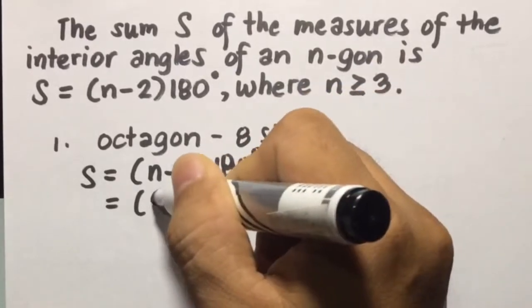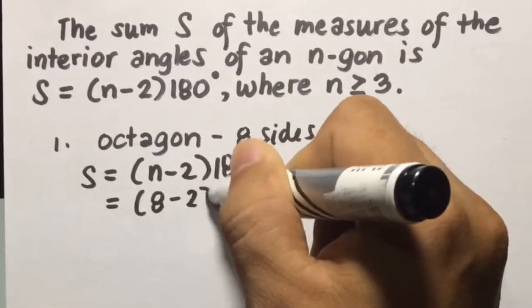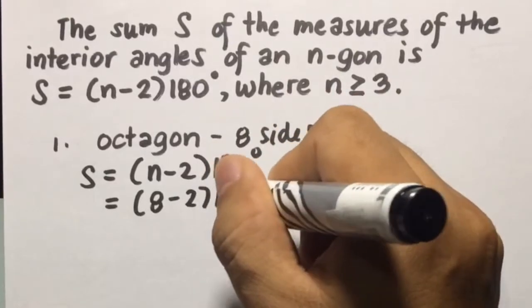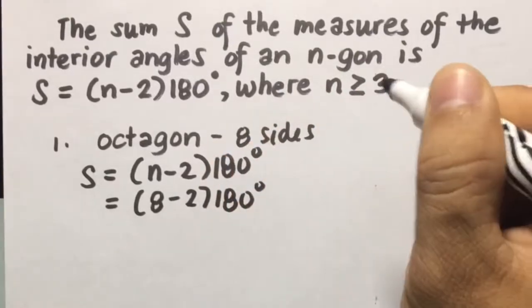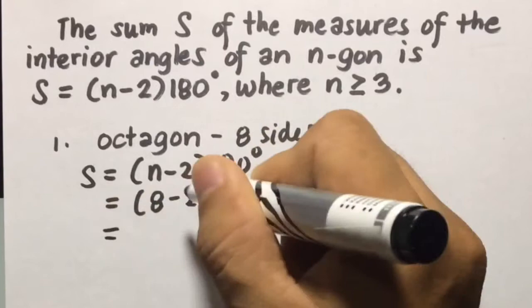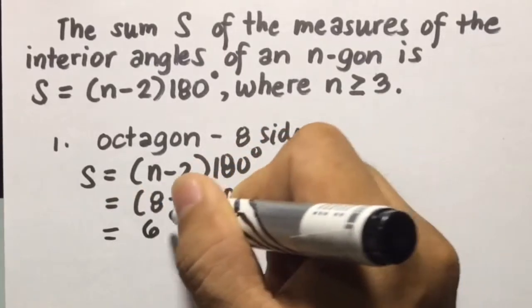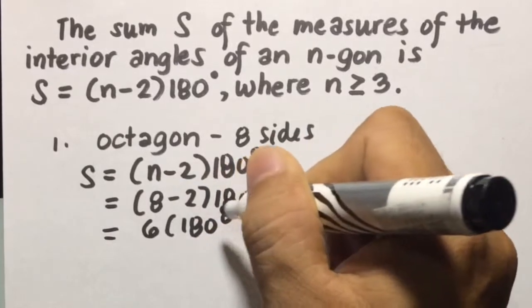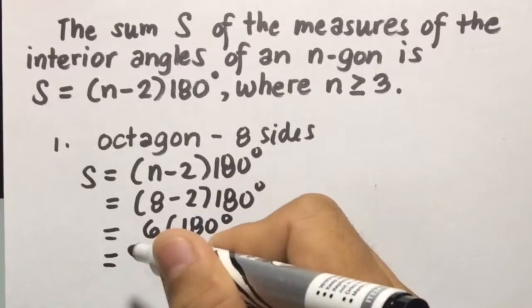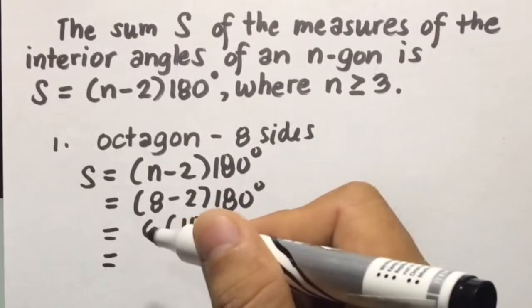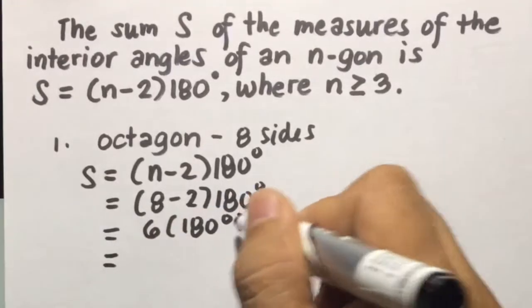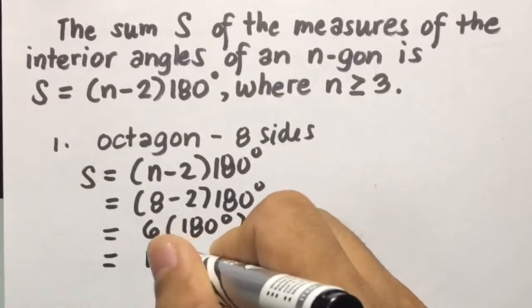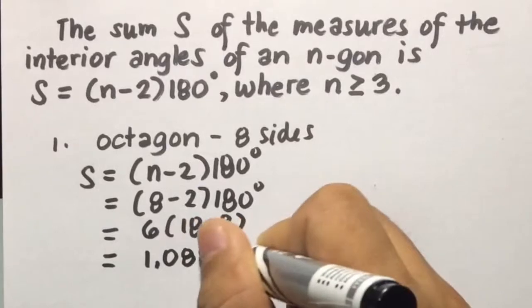So we're going to have 8 minus 2 times 180 degrees. Then 8 minus 2 is equal to 6, then multiplied by 180 degrees. Now 6 times 180 degrees will be equal to 1080 degrees.